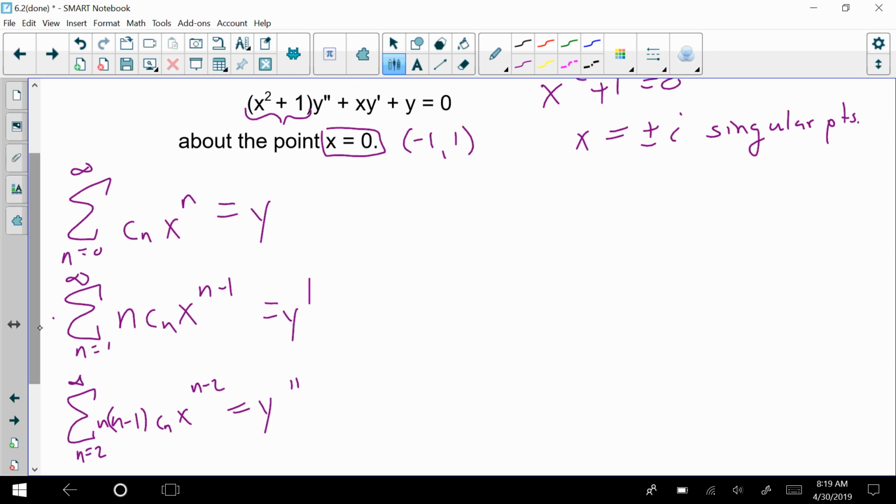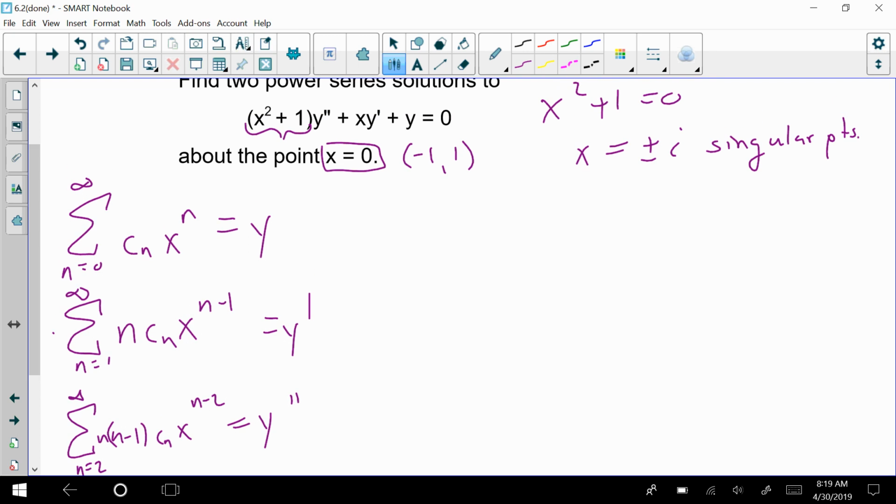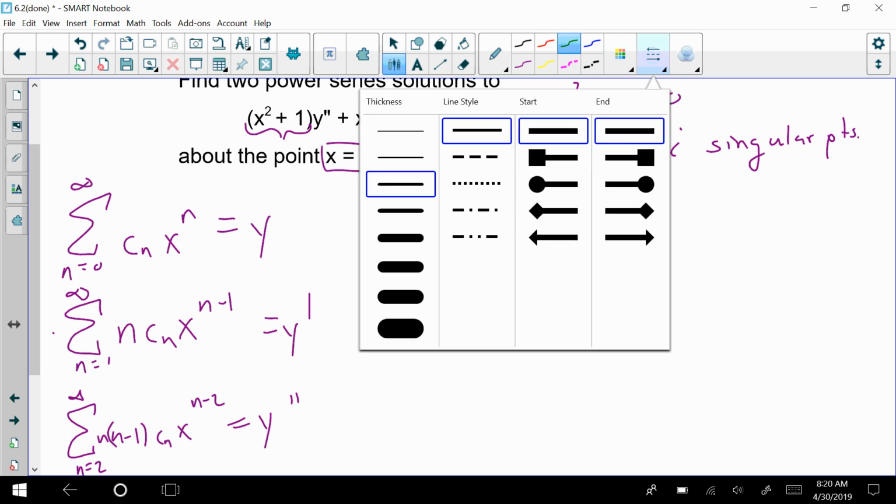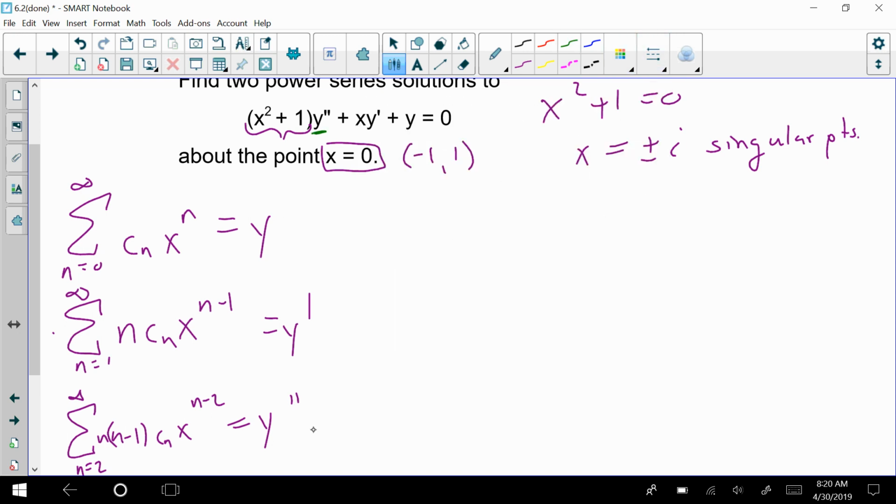Now what we did before was we plugged it in. I'm taking this y double prime here, so I might as well start with that.